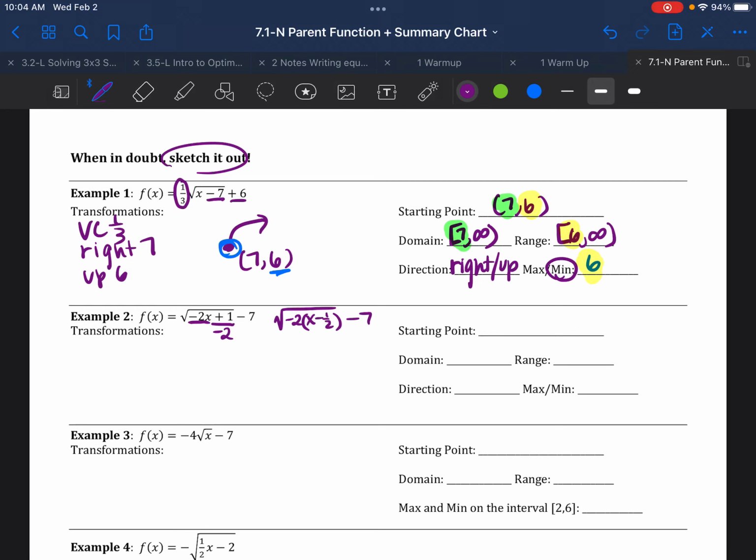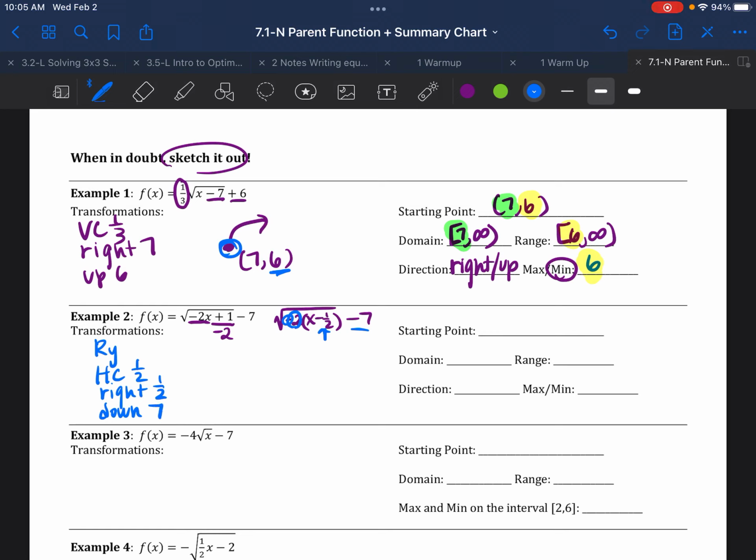And so when we list our transformations, start with this negative inside. We know that's Ry, followed by an HC, horizontal compression, by 1/2, followed by a right 1/2, followed by a down 7.